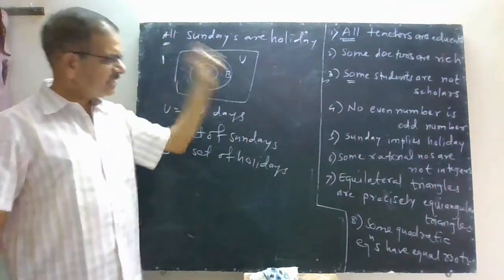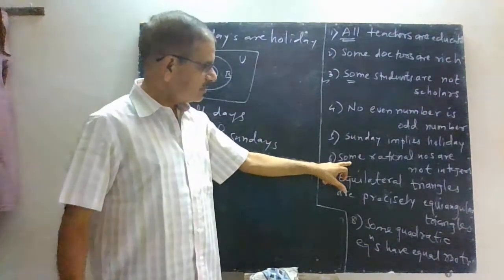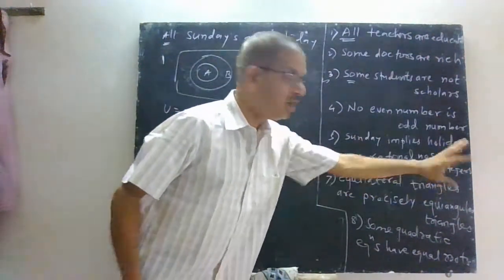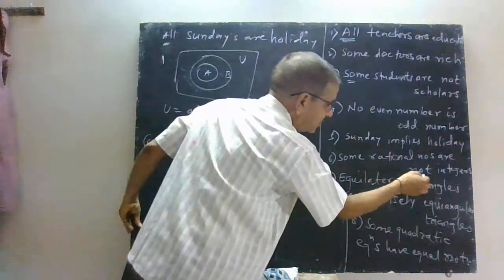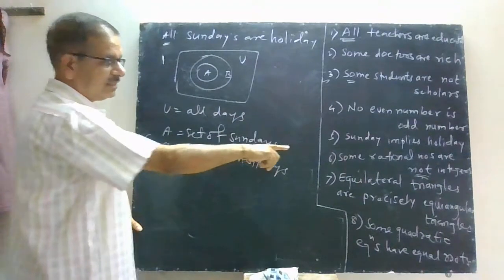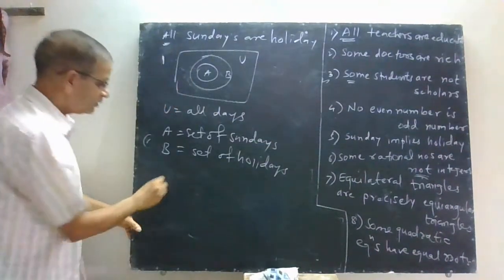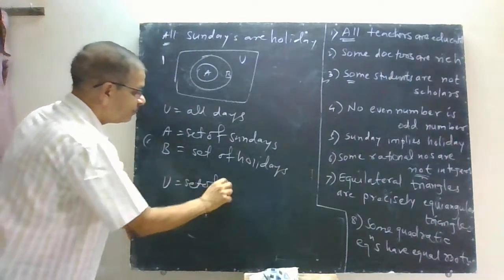It is just sense, you have to sense the given statement. Now, some rational numbers are not integers. Again the same one, remember that one. You have not integers. What type of number? The things you have, they are numbers. So you will take U as the set of all numbers.